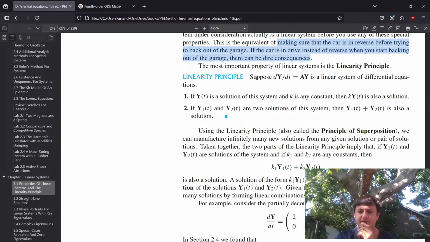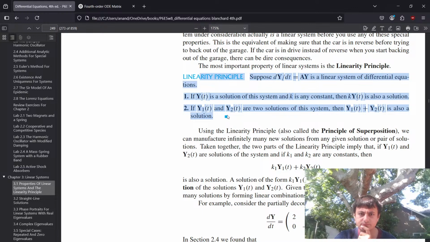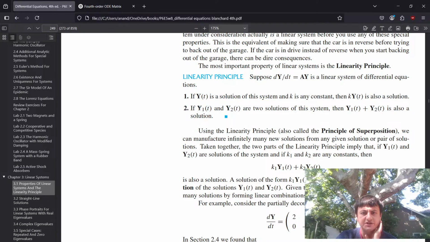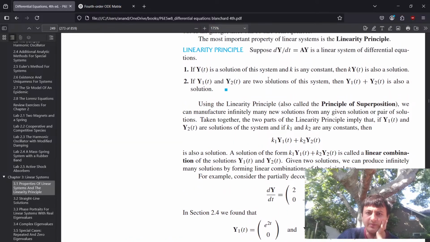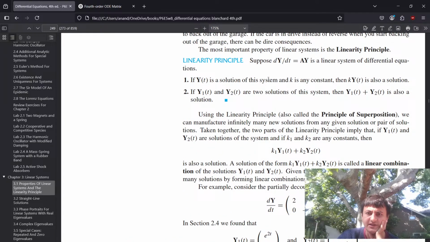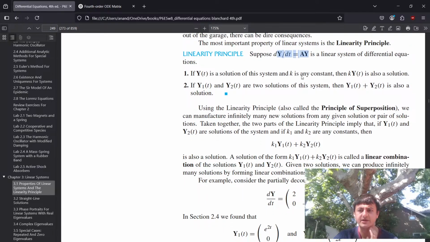Okay, so the linearity principle is that you can scale solutions and you can add two solutions together and you'll still have a solution. Basically the idea is that the solutions of the linear system form a subspace.